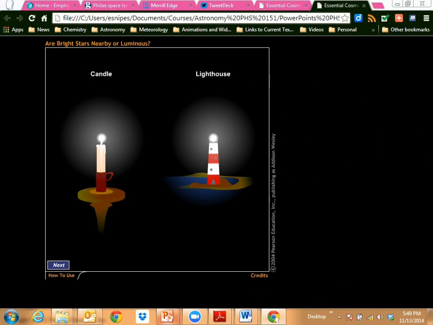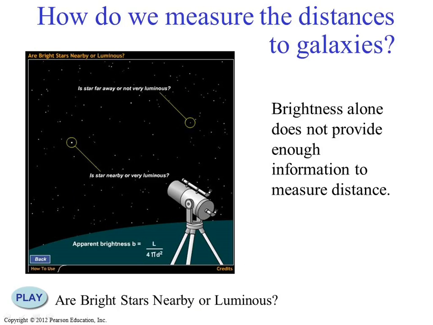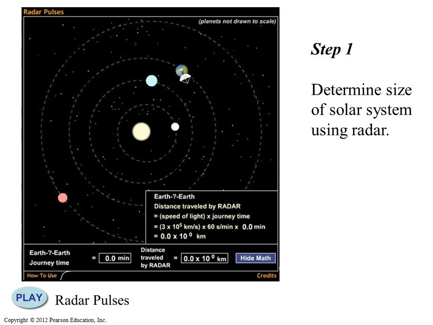Back to the slides. We love the pictures that Hubble took. They're awesome. But one of the things we need to know to understand the nature of things is how far away those galaxies are. There are, I want to say, 6 steps.